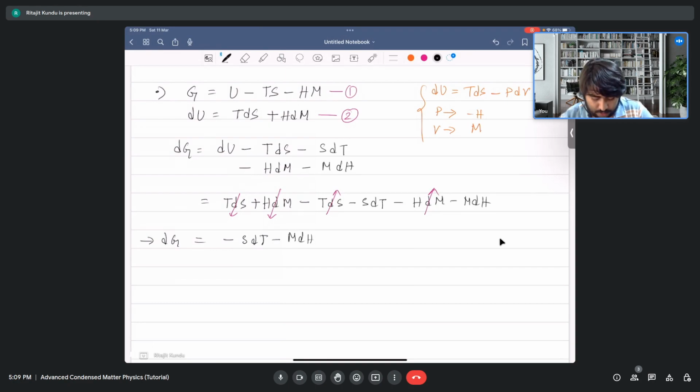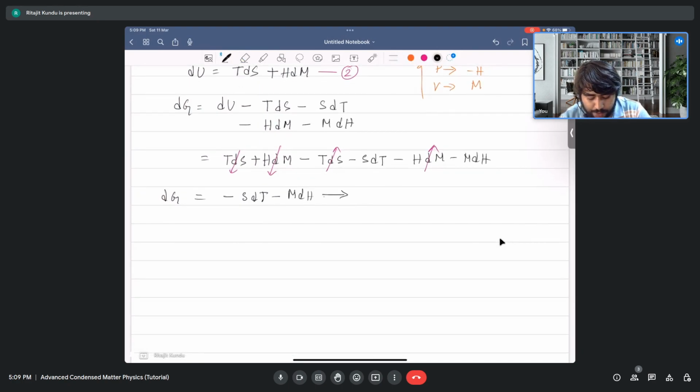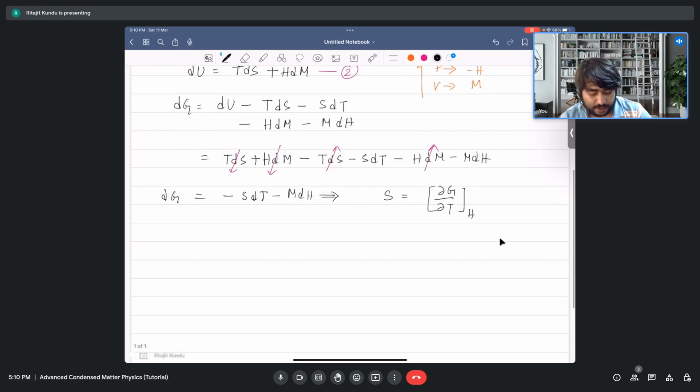Once you have achieved this result, you can clearly see that the entropy is given by minus the partial derivative of G with respect to T when the external magnetic field H is held constant. Similarly, M is obtained as minus the derivative of G with respect to H when the temperature is fixed. We will mostly use this to get some information about the entropy.